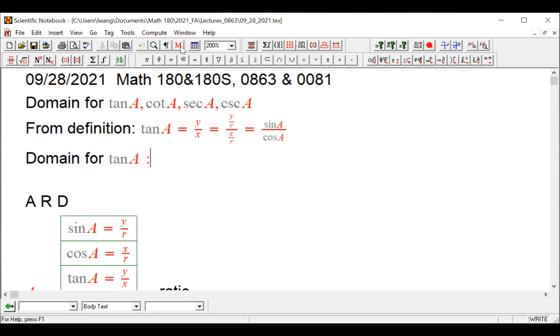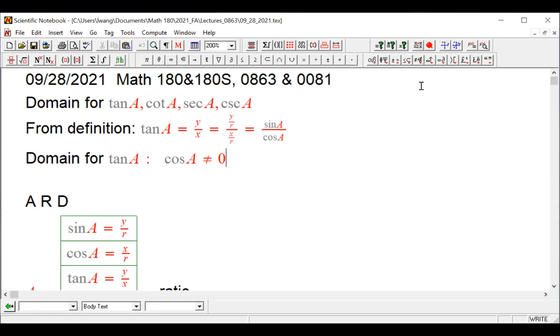So to determine the domain, we have to make sure that cosine A, which is in the denominator, cannot be 0. That must be guaranteed.